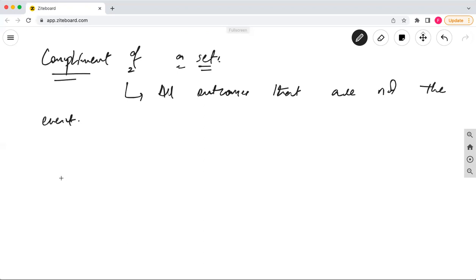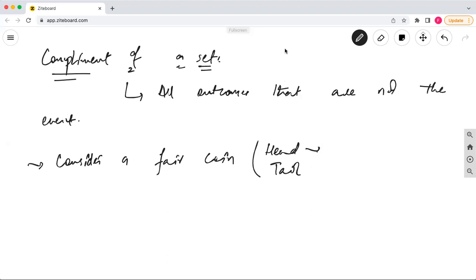For example, if I consider a fair coin having two outcomes, head or tail, and having an equal probability of head 1/2 and of tail 1/2, right? So if I consider the event having a head, that will be equal to 1/2 probability, or 0.5.